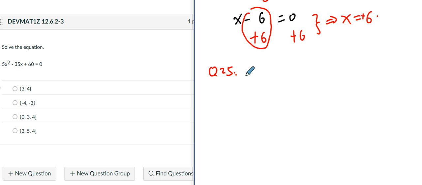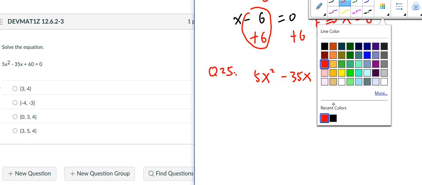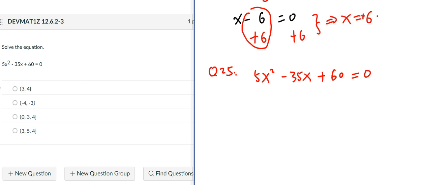Let me copy the question right here: 5x squared minus 35x plus 60 is 0. I like to divide every term by 5, including this one, everywhere.